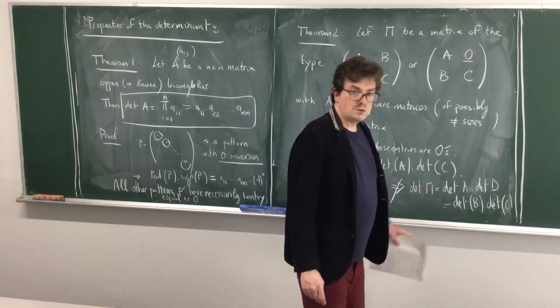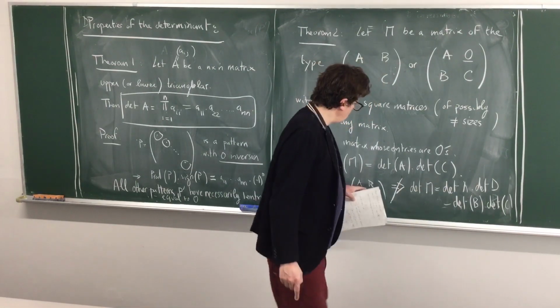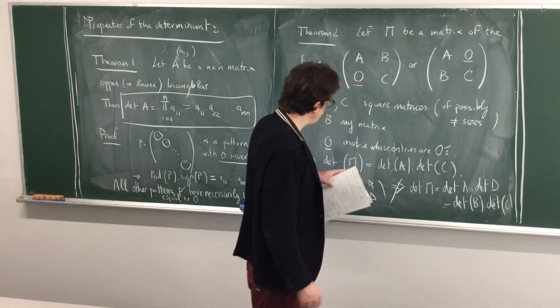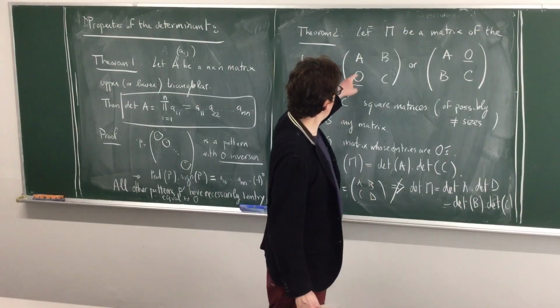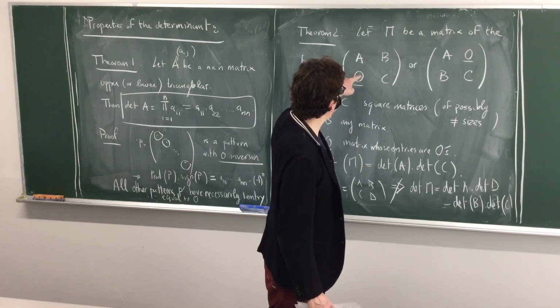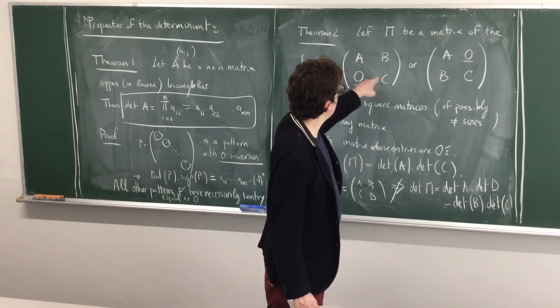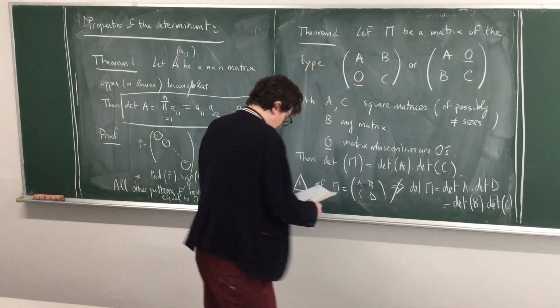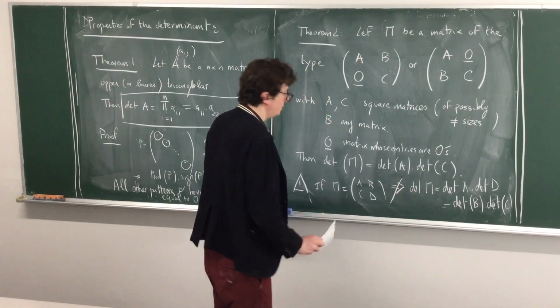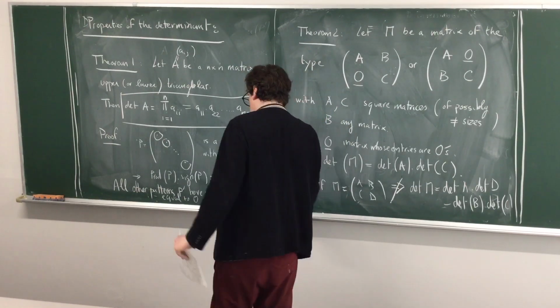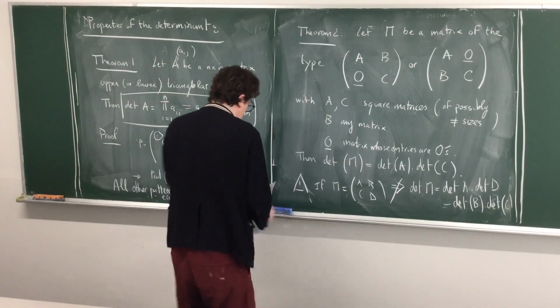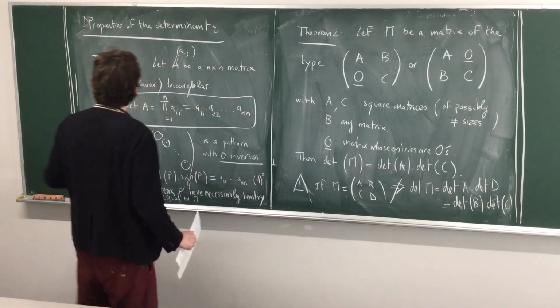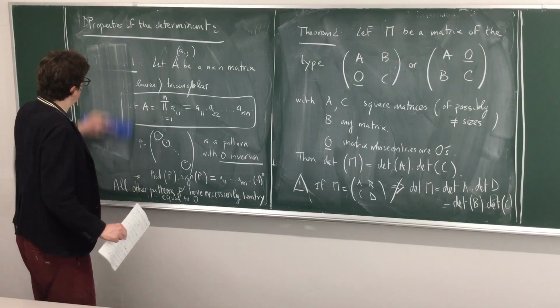So you cannot copy the formula for n equal 2 by making blocks. This can only be done if you have a 0 block and square matrices here and here, okay? Good. Now, what is the explanation for such a property? We'll give just a sketch of proof.